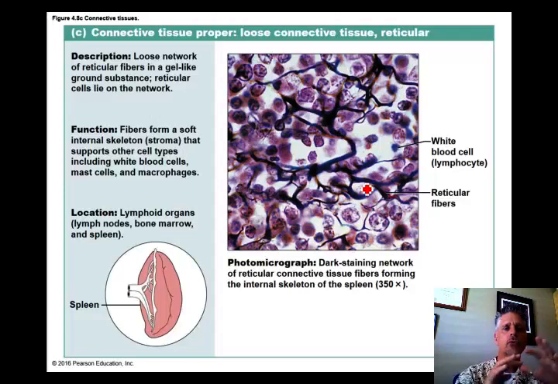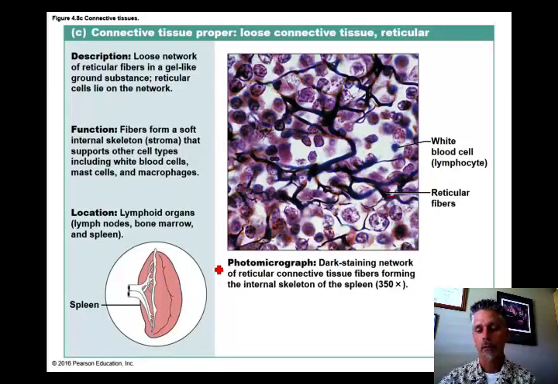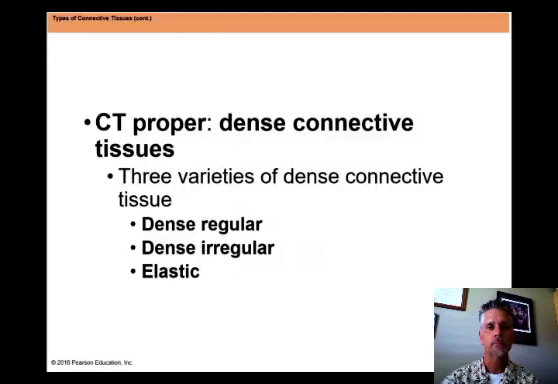And again, this helps to form a flexible kind of structure surrounding particular cells or organs, etc. So for instance, in some of our lymphatic system, which is like our immune system, like when we look at the spleen, this is a way where we can kind of help to organize some of the cells of the spleen and give it structure without a whole hard bony surrounding or something like that, or some of our rougher types of connective tissues. This is more of a loose network of reticular fibers, so we call it reticular loose connective tissue or reticular connective tissue. Okay, then we get to the dense connective tissues.